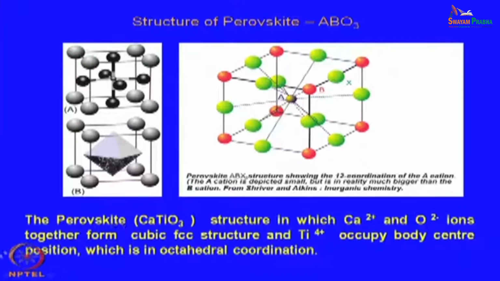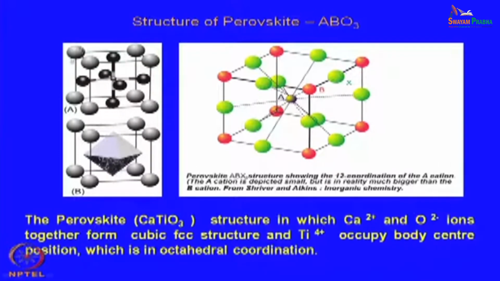So, the calcium size is very close to that of oxygen, and therefore, when we are talking about a cubic symmetry, both calcium and oxygen together form the cubic symmetry or a close packed structure.